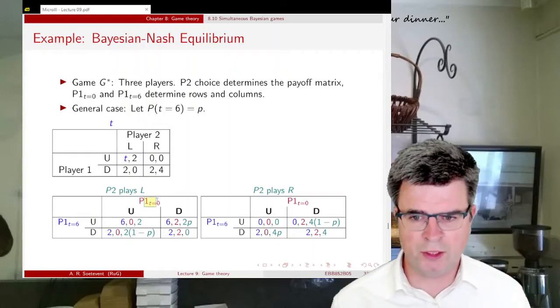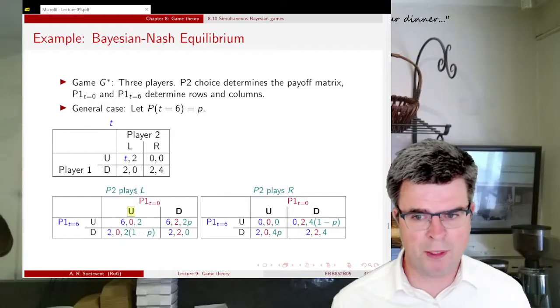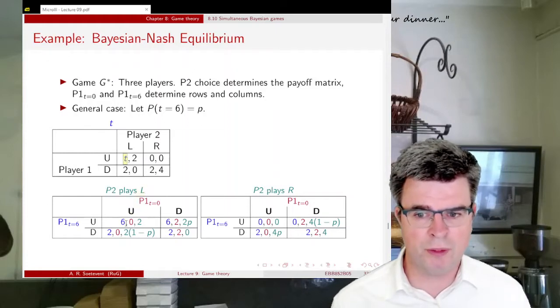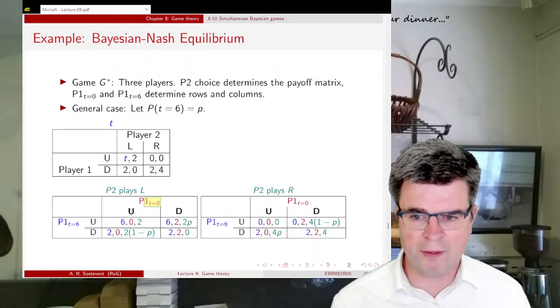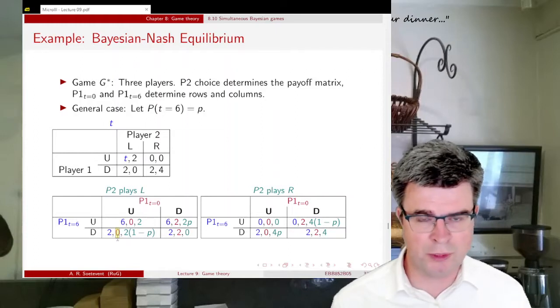If player 1 is of type T is 0, he plays up and player 2 plays L, then the payoff to that player will be equal to 0. And if he's of type 0 and he plays down, then his payoff is also equal to 0.